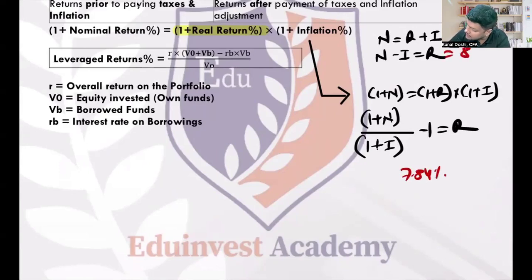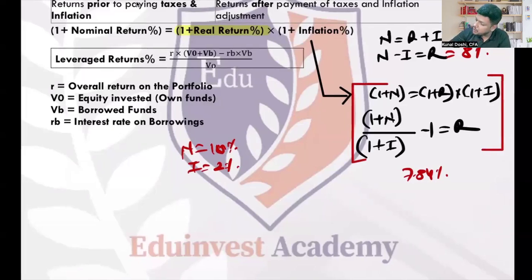Arithmetically it would be 8 percentage only, because nominal I gave you as 10 percentage, inflation as 2 percentage. So arithmetically, it is very easy to understand, oh, the real return is 8 percentage. But in exam, you don't have to do that simple mathematics. You have to do it the compounded way. And the answer will be 7.84.